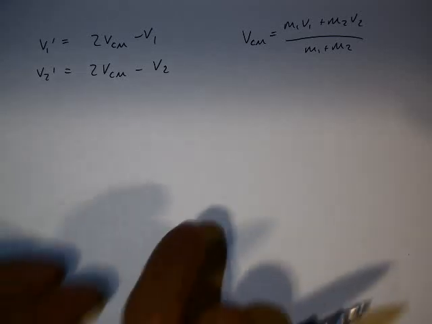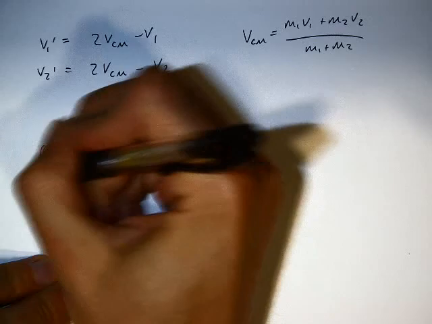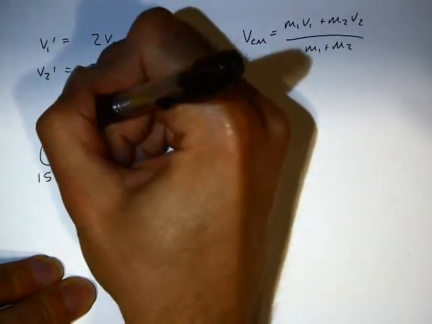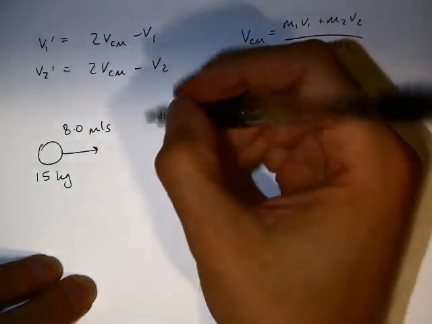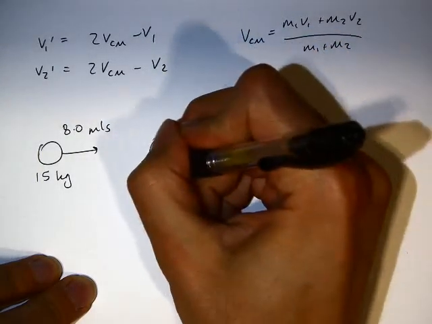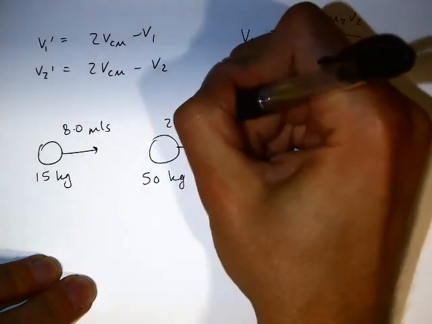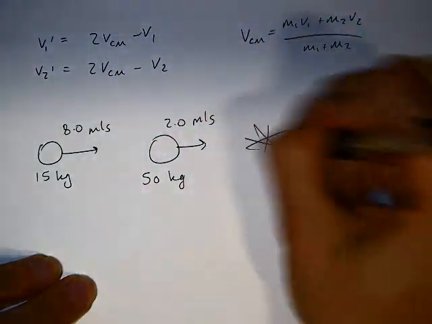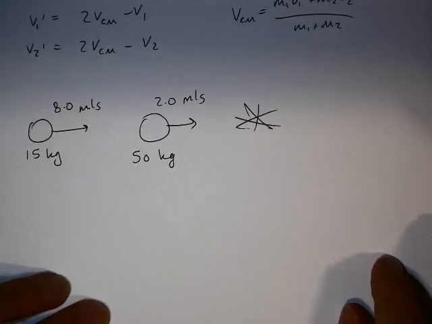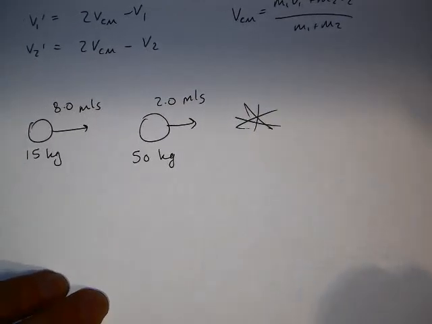So, let's practice this. Let's say we have an object, 15 kilograms, 8 meters per second. It runs into another object. This is a big one, 50 kilograms, heading forward at 2.0 meters per second. They collide. What are the two final velocities?